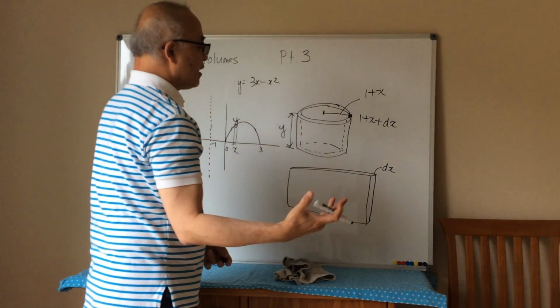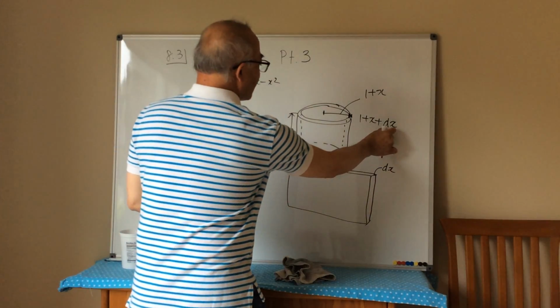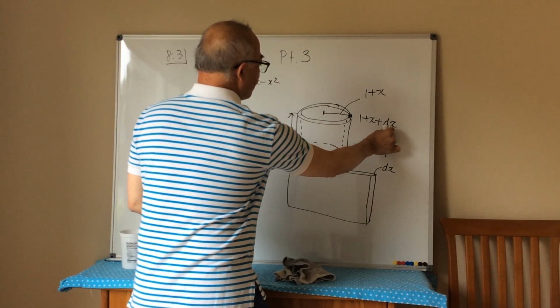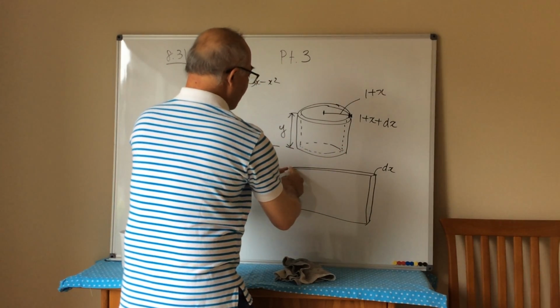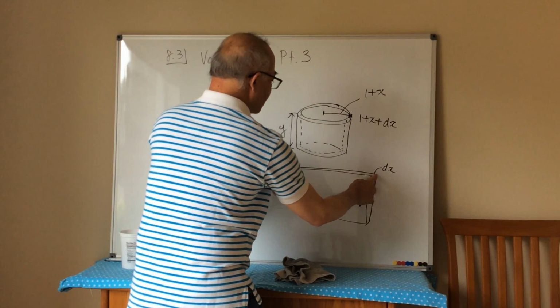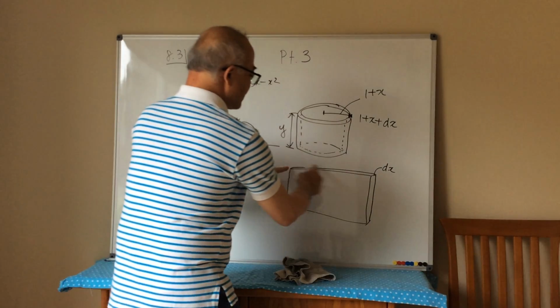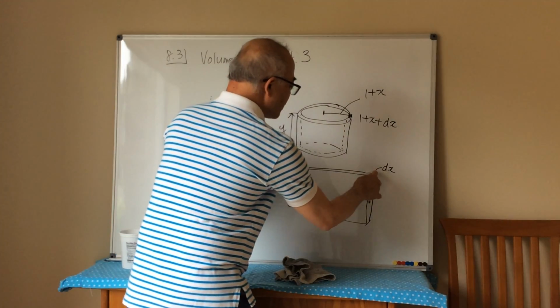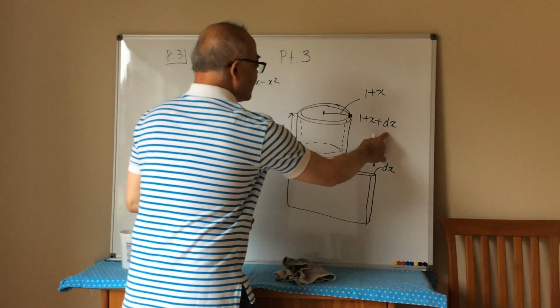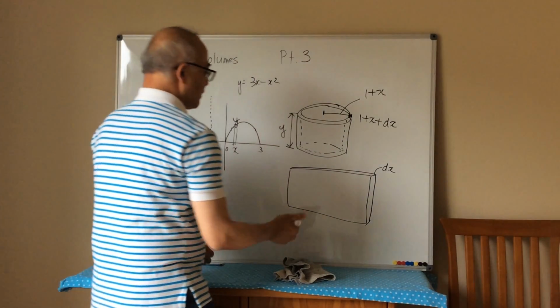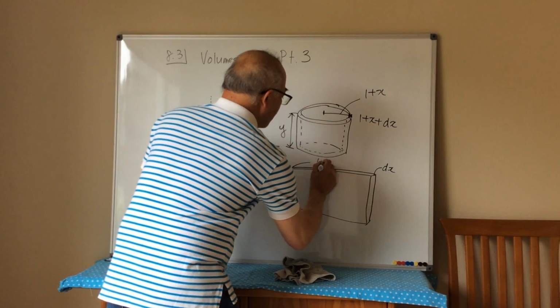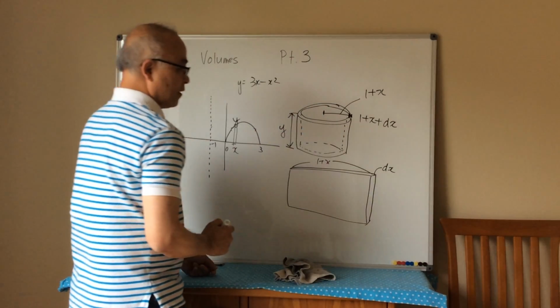The assumption we make is that when dx is sufficiently small, the inner and outer parts are both 1 plus x.